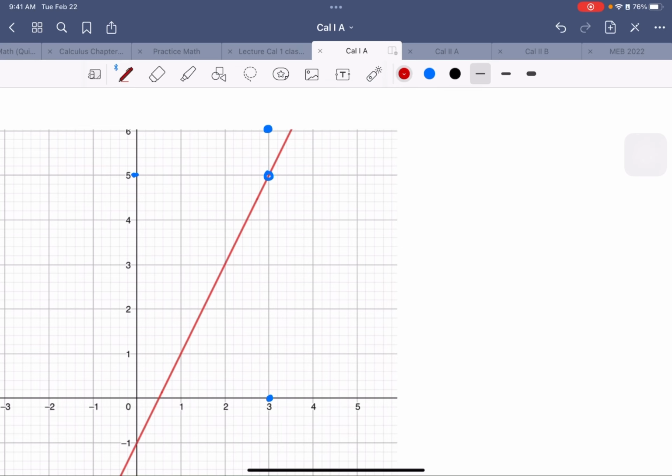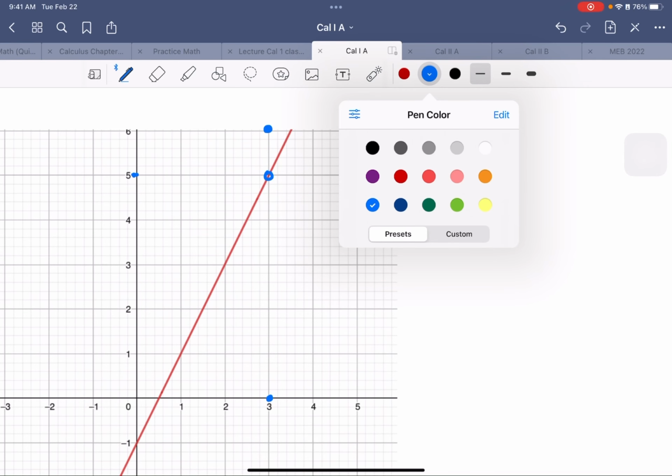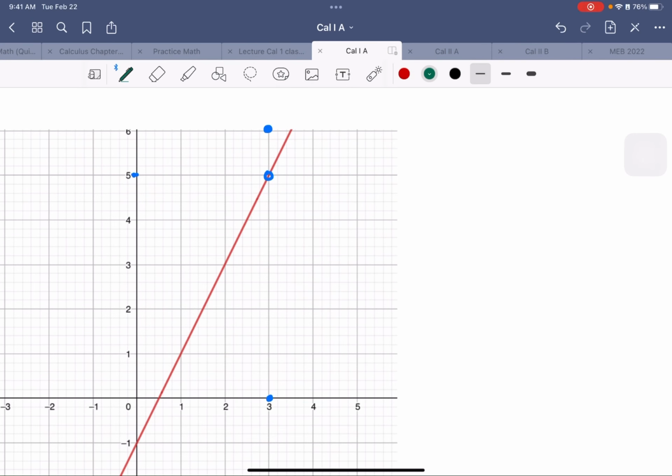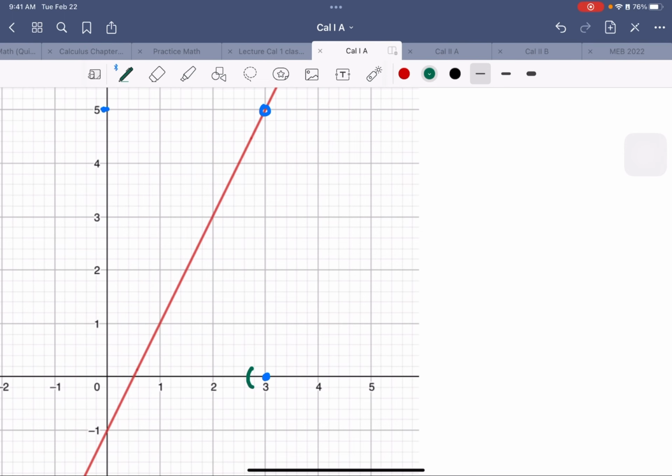So what we are really doing is, let's say we have some value nearby 3, that is 3 plus delta and 3 minus delta. So this will be delta.